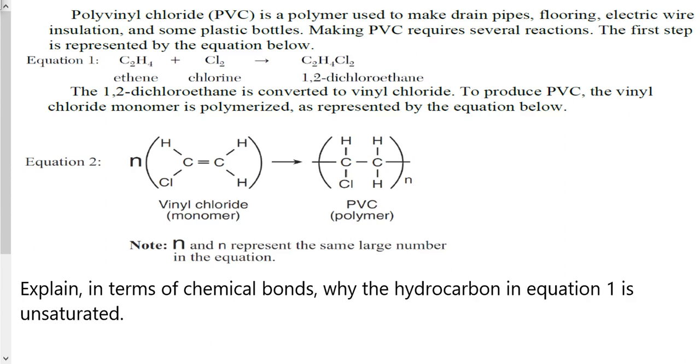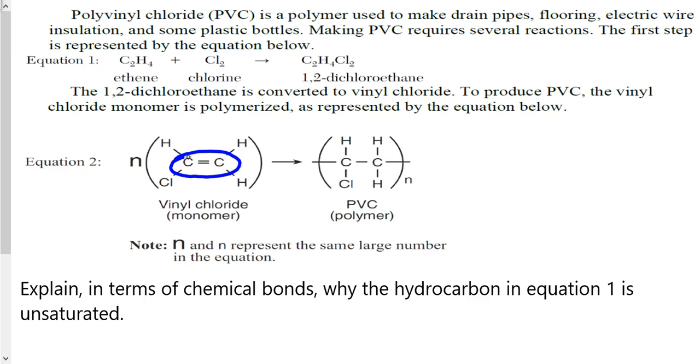The next question is asking you to explain in terms of chemical bonds why the hydrocarbon in equation 1 is unsaturated. Looking at equation 1, the hydrocarbon, and again hydrocarbon means hydrogens and carbons only, has a carbon double bond carbon.